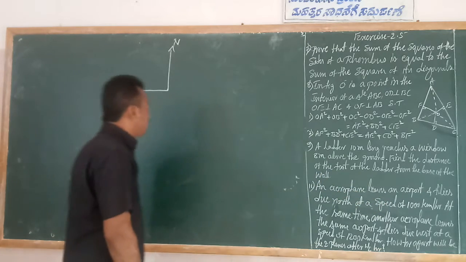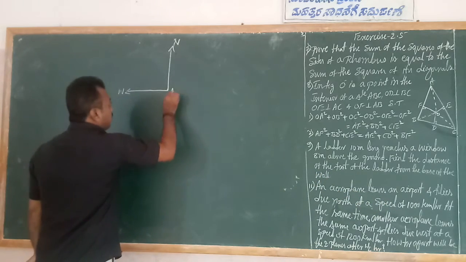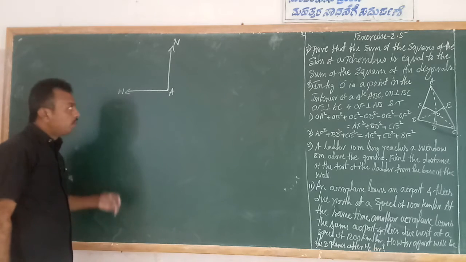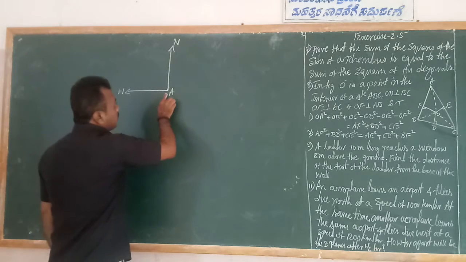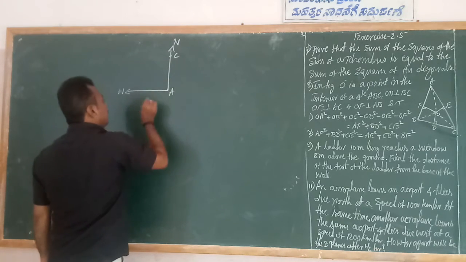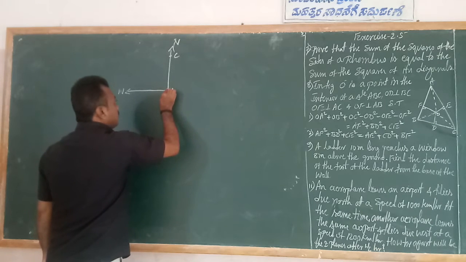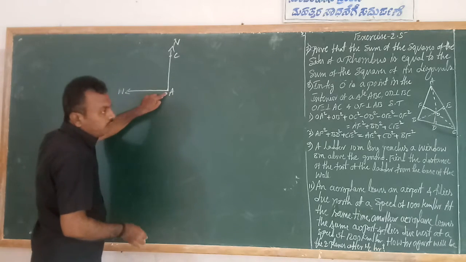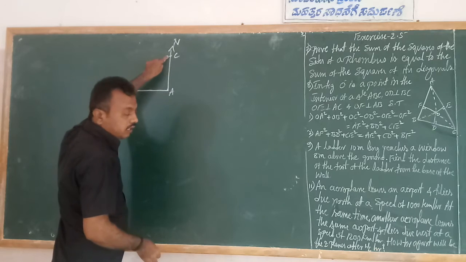Correct. I am taking A as the point. The first aeroplane leaves from the point A to the point C.